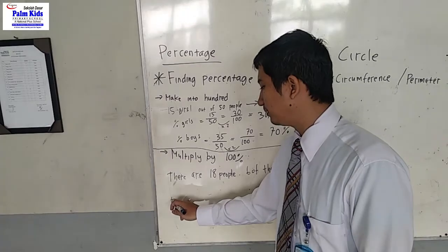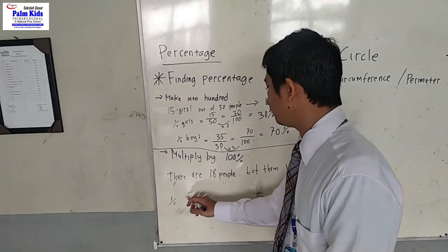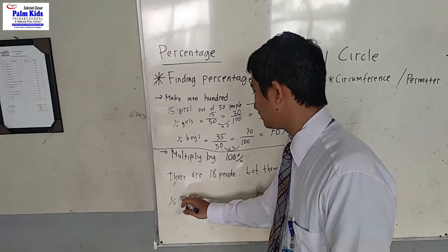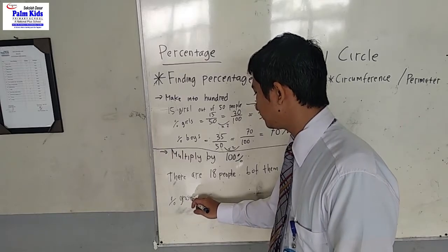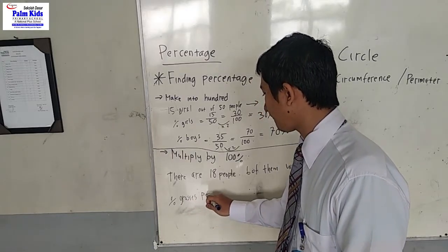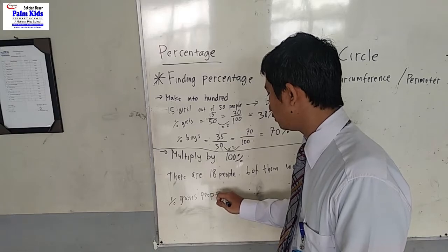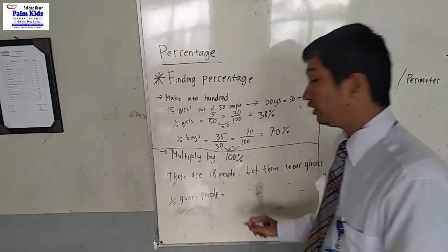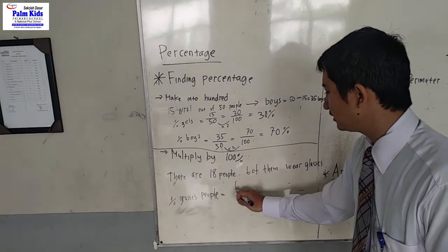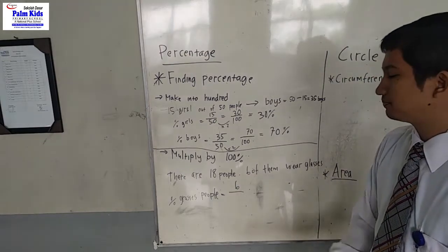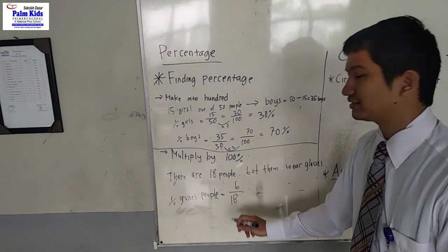Now, we want to find the percentage of people who wear glasses. So, 6 out of 18 people wear glasses.